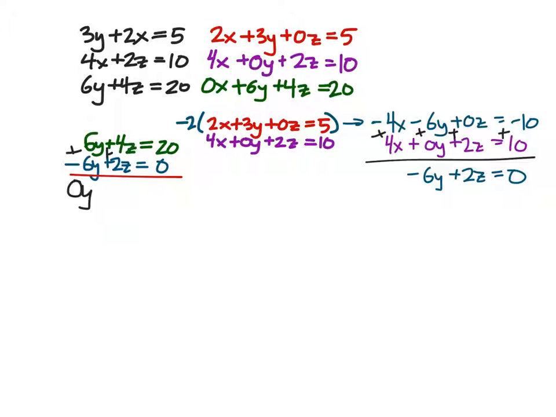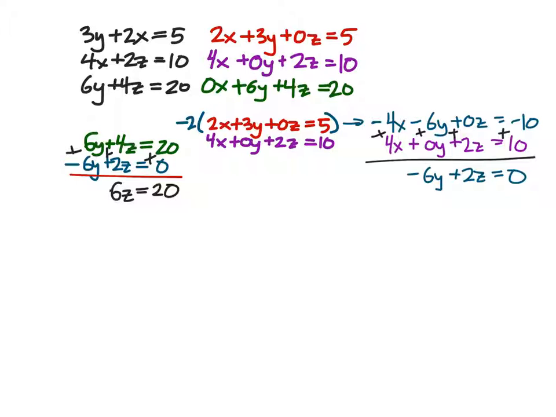Then I've got 4z plus 2z's, which would give me positive 6z's. And this should equal 20 plus 0, which is 20. Now, of course, we don't need to show 0y plus 6z. So now you can see, hopefully, we have one equation with one unknown or one variable.